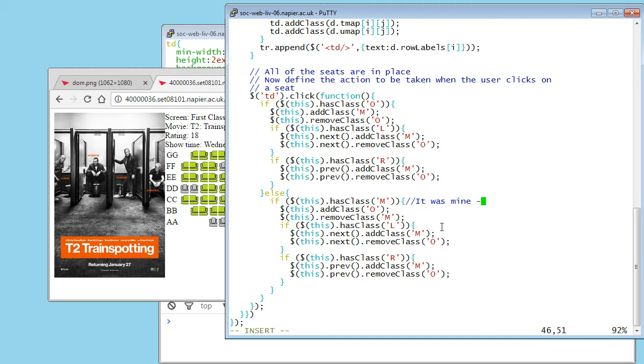Book it. Okay, so this will work fine for the armchairs. If it's a left sofa, then I want to reverse. It was mine, so I want to remove that class. Remove the fact that it's mine and add O, and the same thing here. I want to remove, and here I want to add.